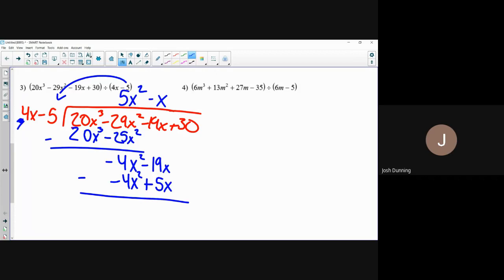Negative 19 minus 5 more, negative 20. Bring down that 30. What do we multiply 4 by to get negative 24? Negative 6. Negative 6 times negative 5 is positive 30. And just like I said, at first, these won't have a remainder.